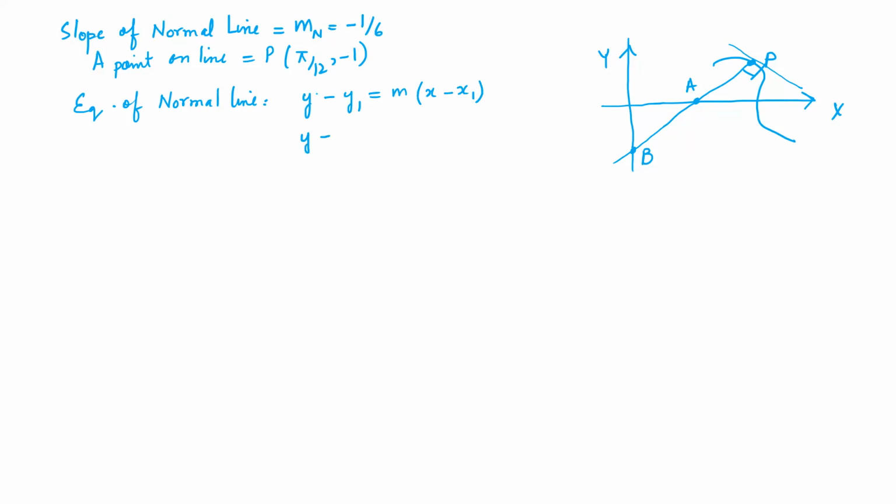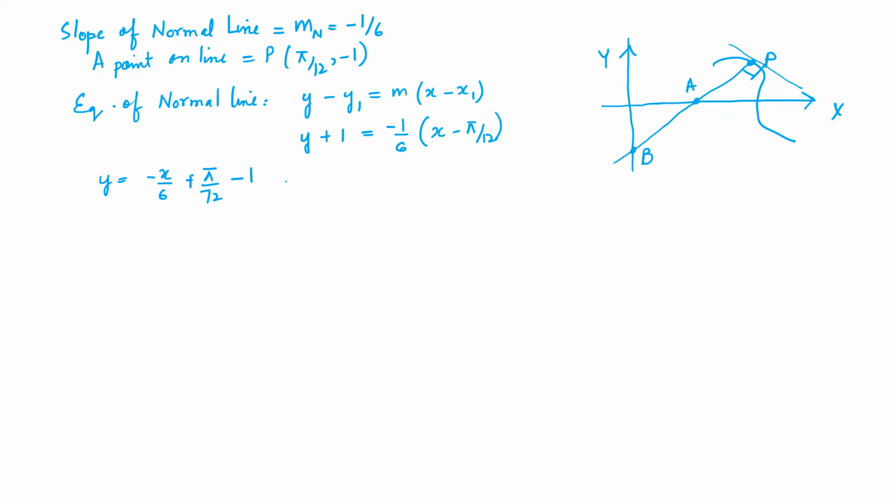Okay, so y minus y1, this is our y1, so plus 1, slope minus 1 by 6, x minus the x1, which is pi by 12. The equation of the line is y equal to minus x by 6 minus pi by 12 into 6, plus pi by 72 minus 1, that is pi by 72 minus 1.